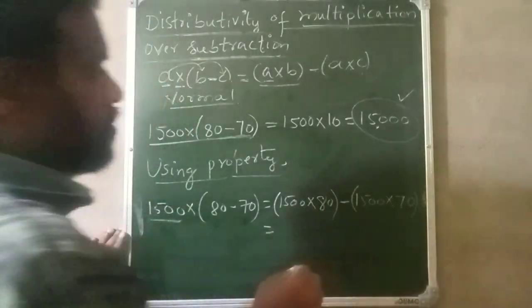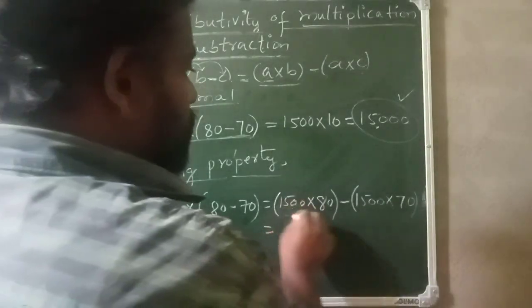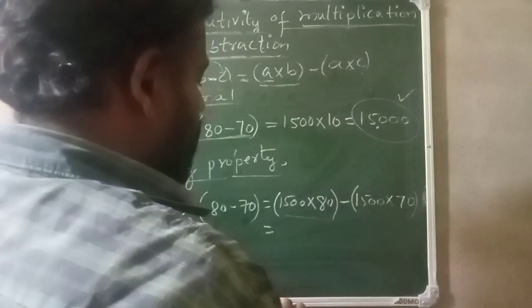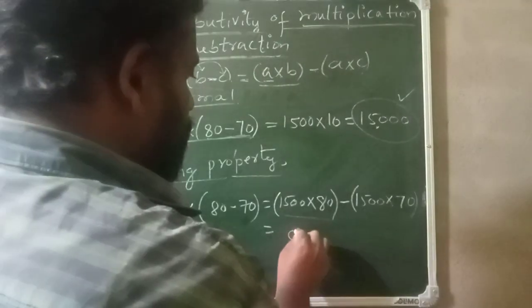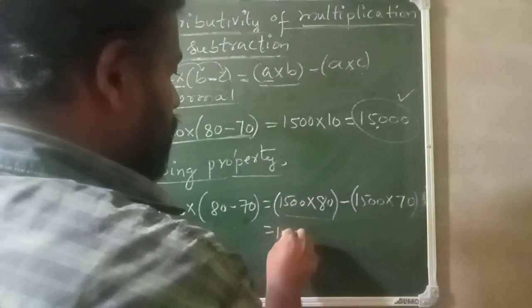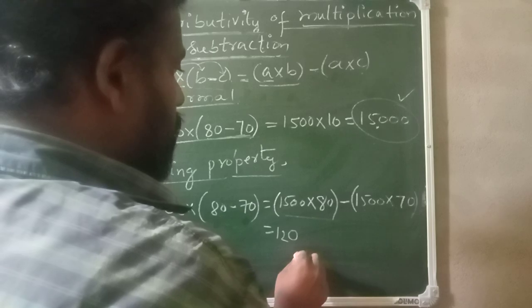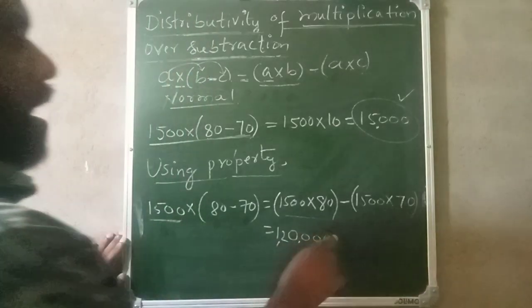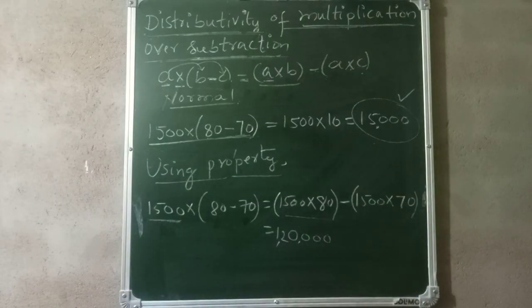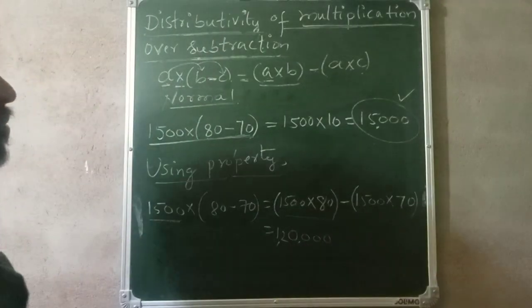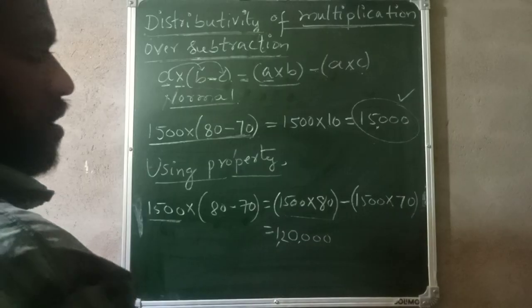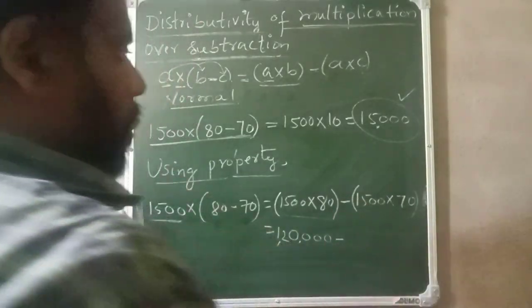So this is equal to, so we have to multiply this because into is there. So 1500 into 80. So we get 1,20,000. Okay. So when you multiply this 1500 with 80, we get this 1,20,000 minus.